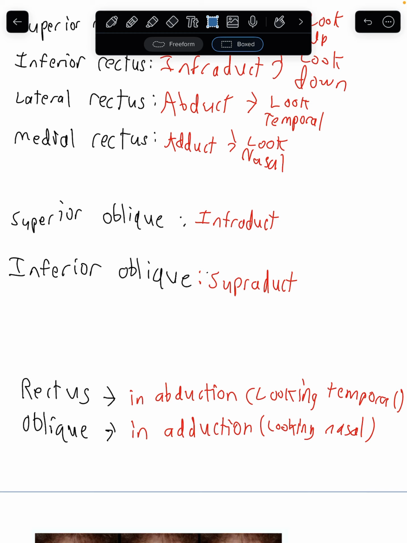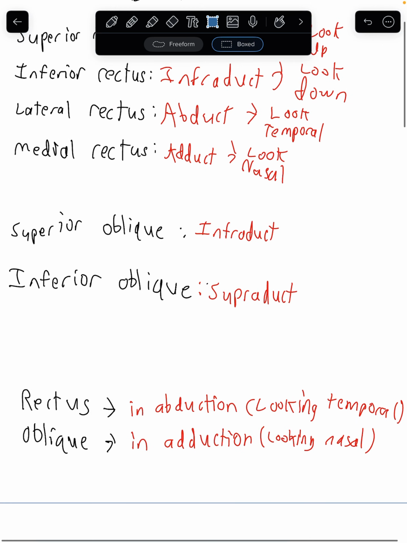So if the eye is looking temporally, or is more temporal, then it's using a rectus muscle to look up or down. This is all in terms of supraduction and infraduction. So if an eye is more temporal, it's using the rectus muscles. If an eye is more nasal, it's using the oblique muscles.